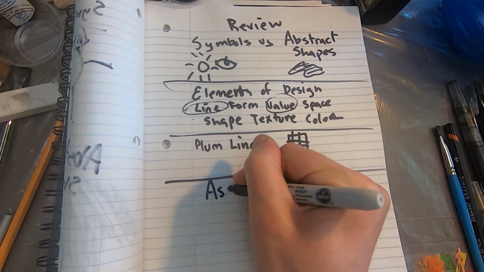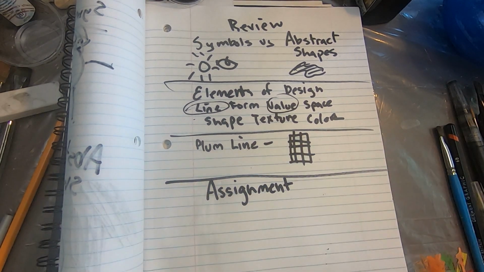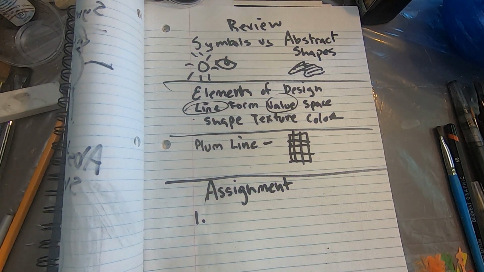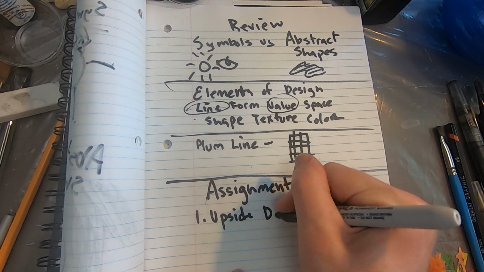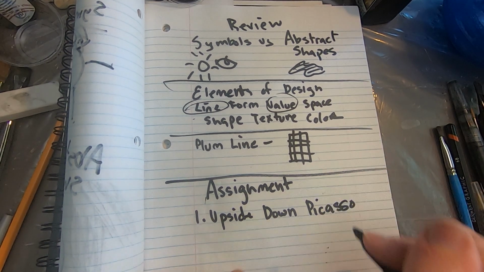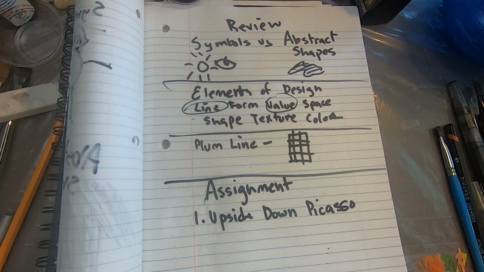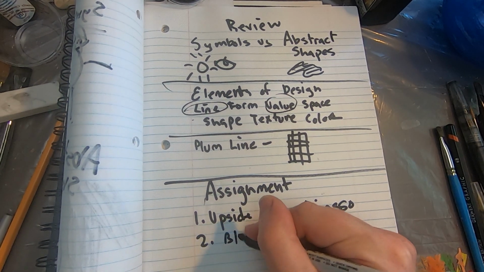So for this assignment this week, there's 3 parts. The first is to do the upside down Picasso drawing. Now, if you can't print it out, work from your computer. It's better to have a larger image of it, of course. The second is the blind contour self-portrait.